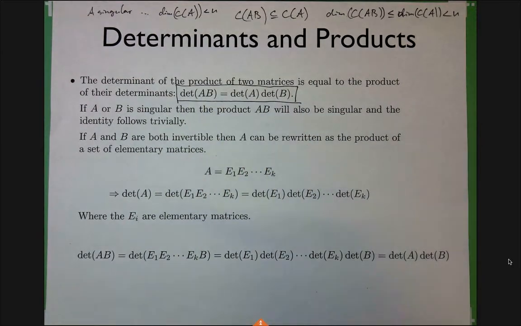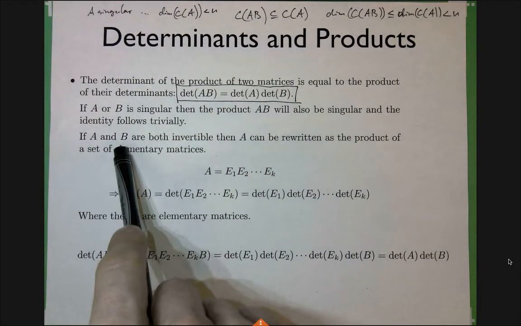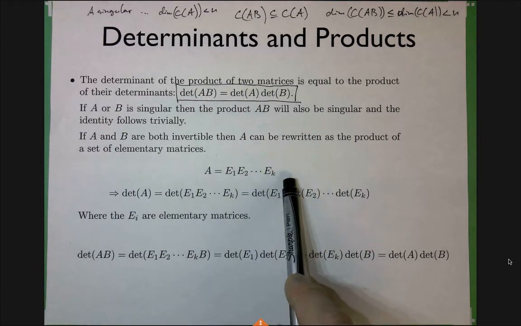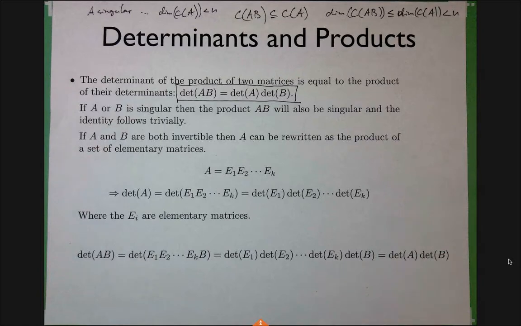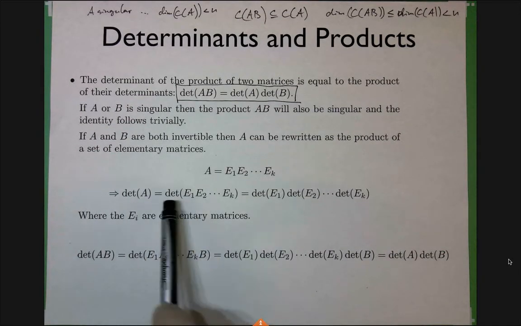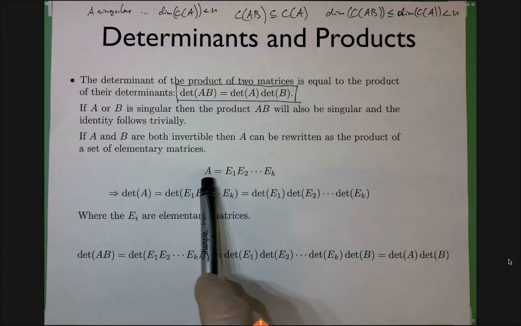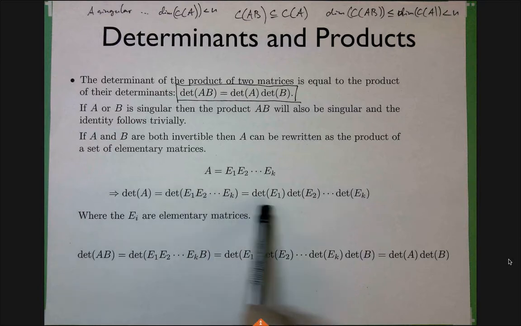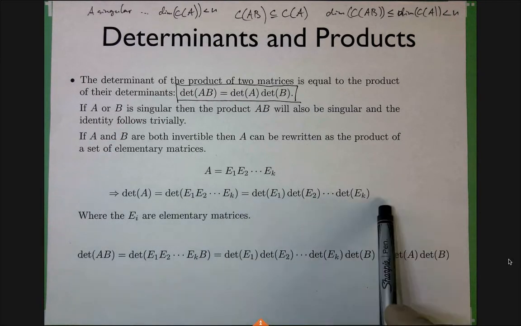Fine. If they are both invertible, then I can write A as a product of elementary matrices, right? Type 1, type 2, type 3. So A I will write as E1, E2 to EK. And for elementary matrices, I already know that this formula is true, right?